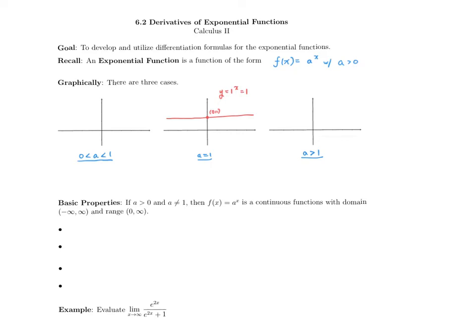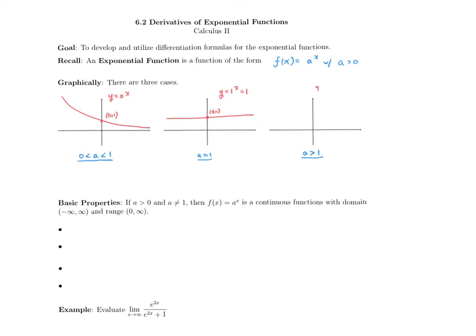In the case where a is between 0 and 1, the exponential function, as you might expect, will be decreasing. Graphically, it looks something along these lines, and it also has a y-intercept of 1. So this is a graph of y equals a to the x, when a is between 0 and 1.